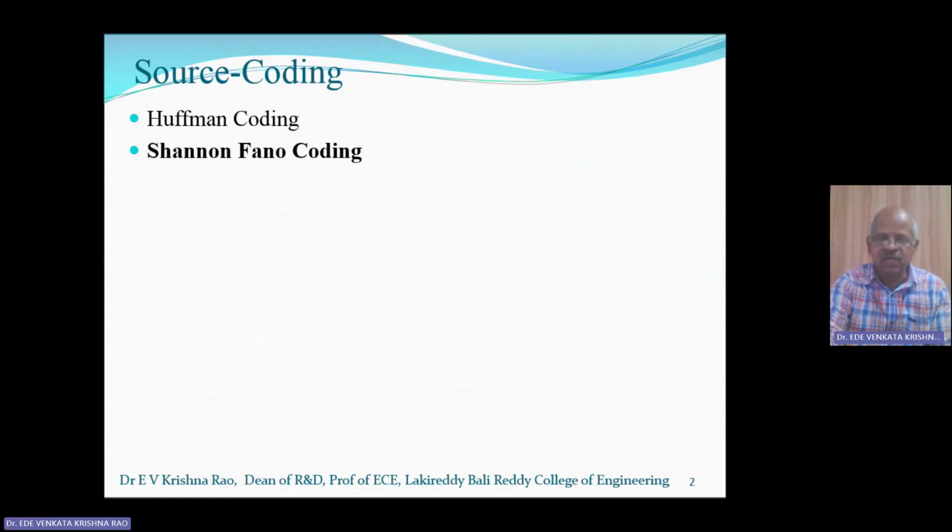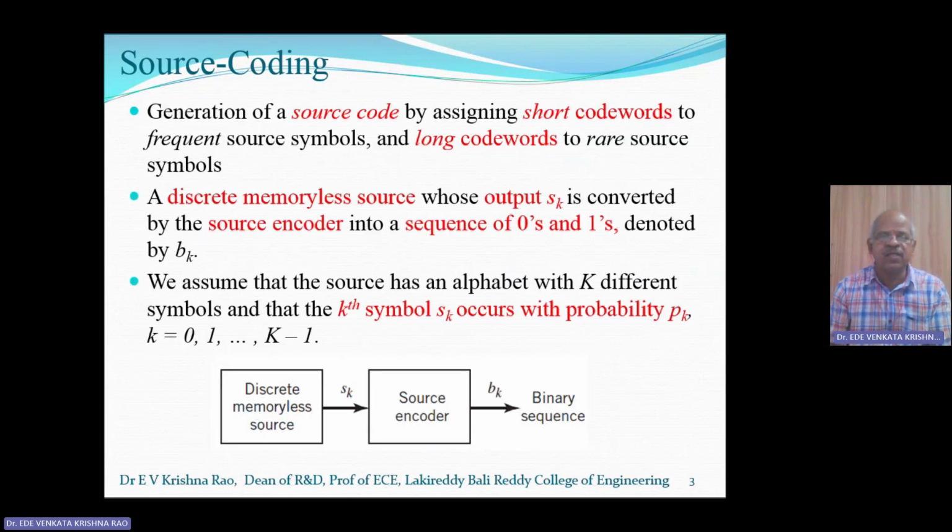This is source level coding, where the discrete memoryless source generates the source symbols with some probabilities. If there are k number of source symbols Sk, each symbol has its probability pk, from lowest to highest probabilities.